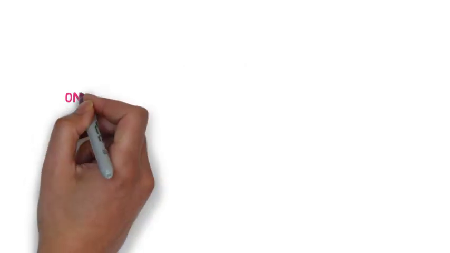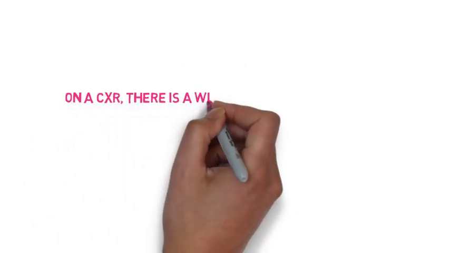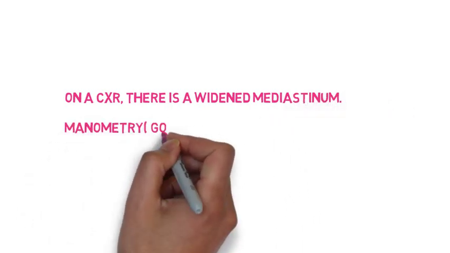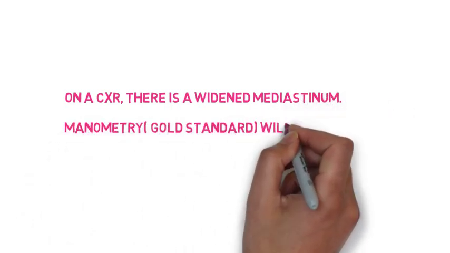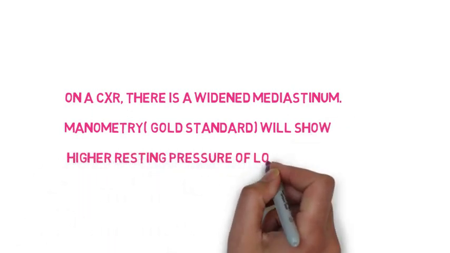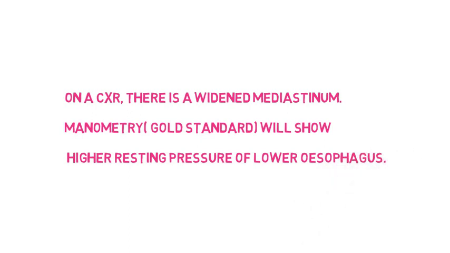So that would give the typical bird's beak appearance. It's also worth doing a chest x-ray in patients with dysphagia, as they have a high risk of aspiration pneumonia. And on chest x-ray, there's often a widened mediastinum if you have achalasia.